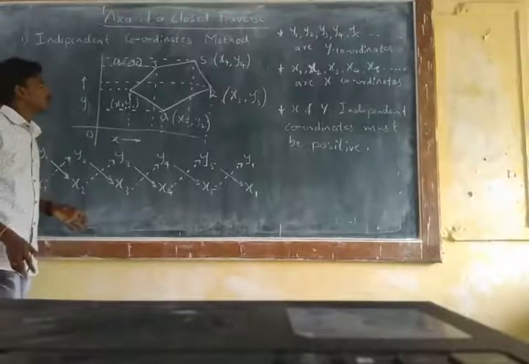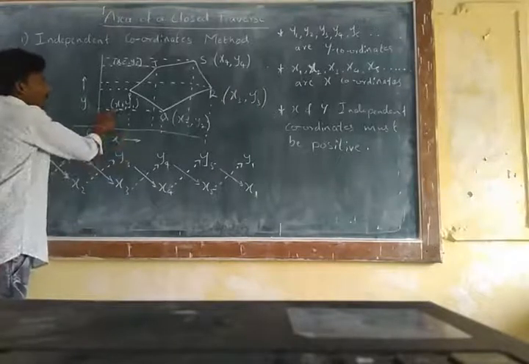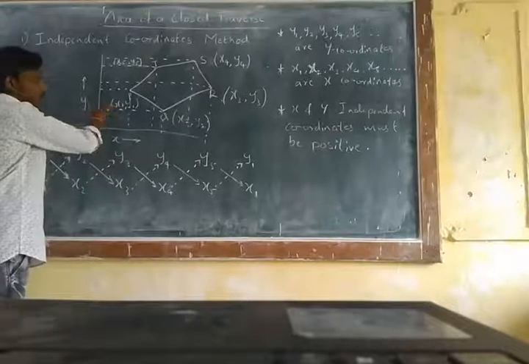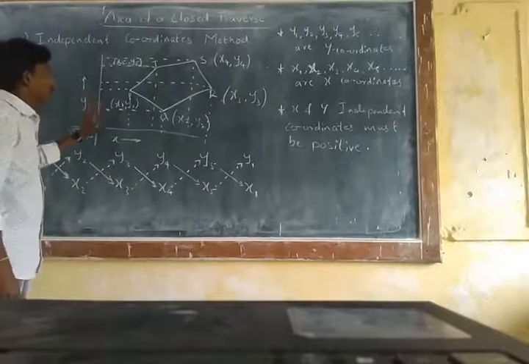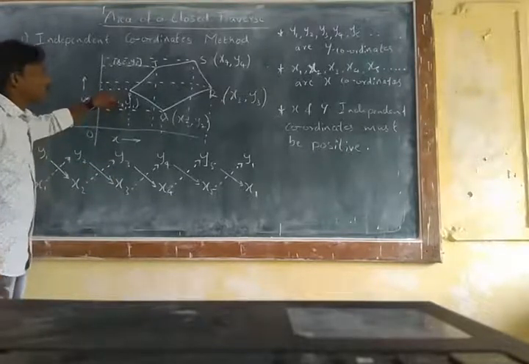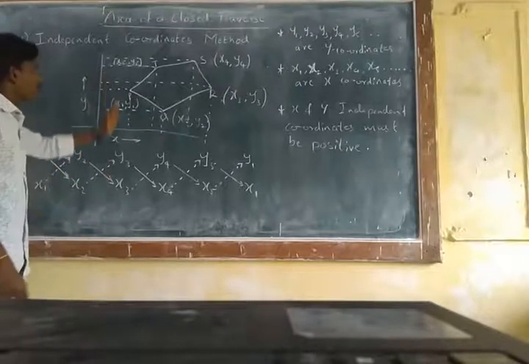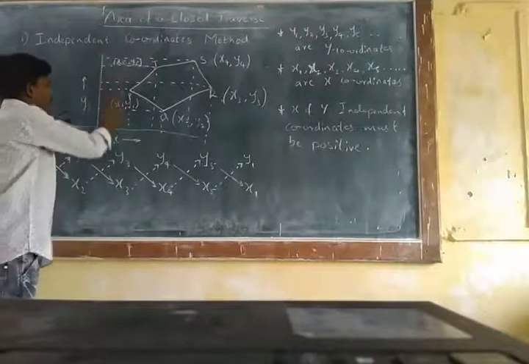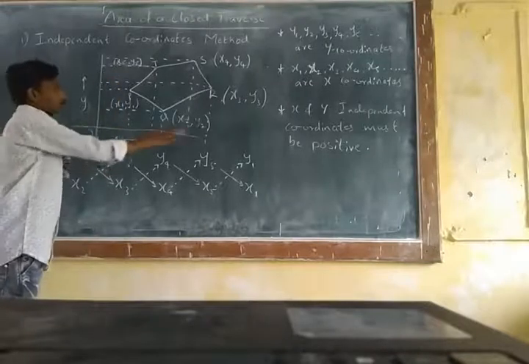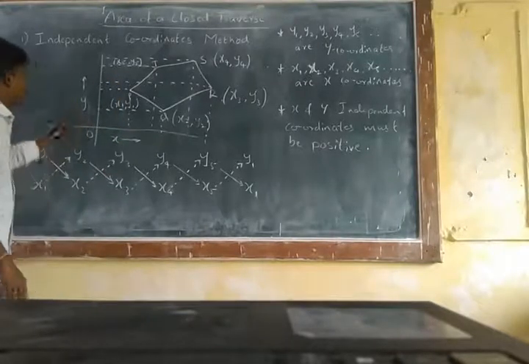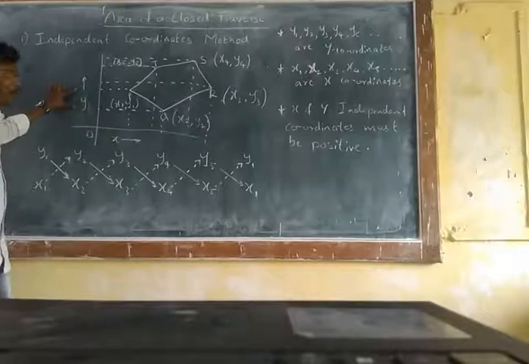Now here you can see x1 is the coordinate which is parallel to the x direction for the point P, and y1 is the y coordinate or the perpendicular coordinate which is perpendicular to the x direction, and it is parallel to the y direction.